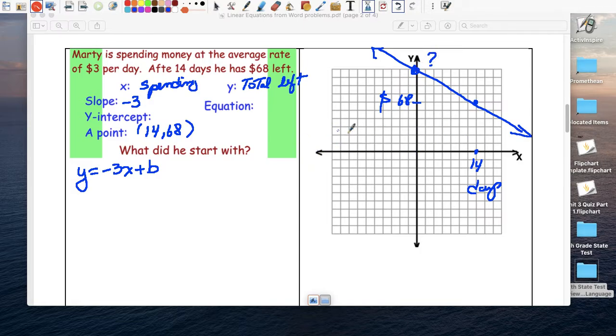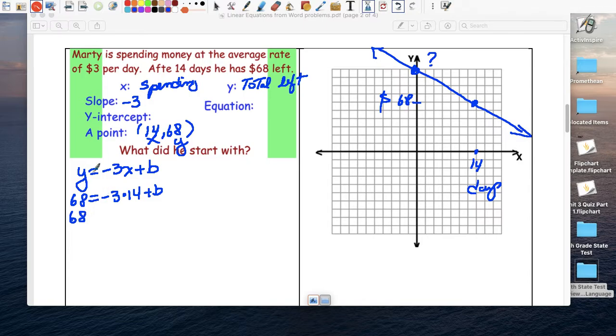Well, I do know that (14, 68) is on that line. So I can use this point to find my y-intercept. Don't forget, this is my x value and my y value. I can sub in, so I'm going to get 68 equals -3 times 14 plus b.